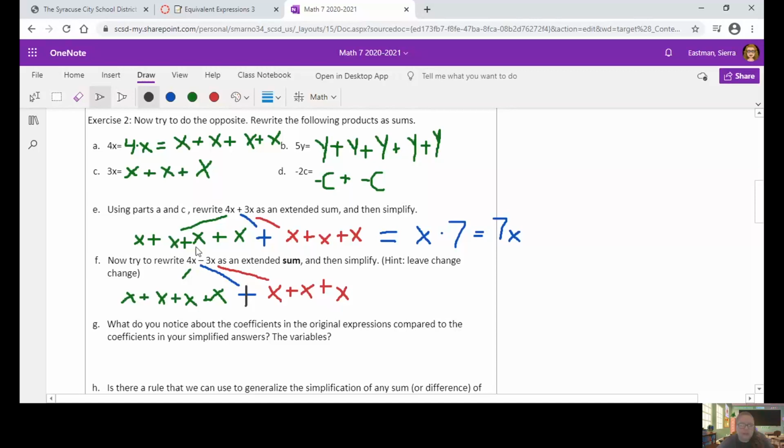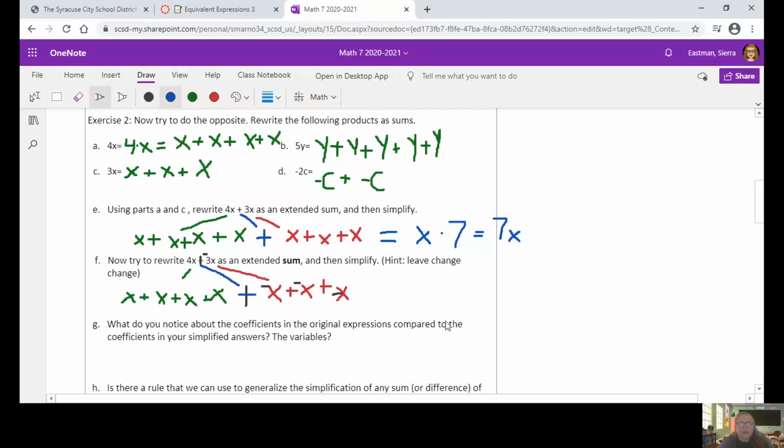If I was just doing this on the original expression, I would change that subtraction to addition, and then I would only need one negative symbol on the 3x. But like I said for part D, when we're trying to extend it, we need those negatives on all of these. Negative x plus negative x plus negative x. Okay, so we left the first group kind of alone, changed our operation, and then changed that second group or second term by putting on those negatives.